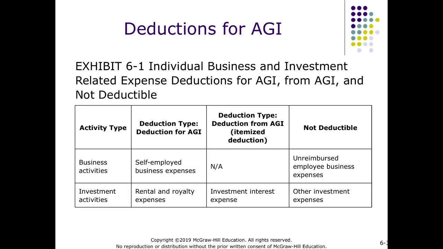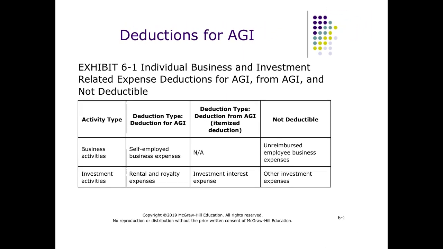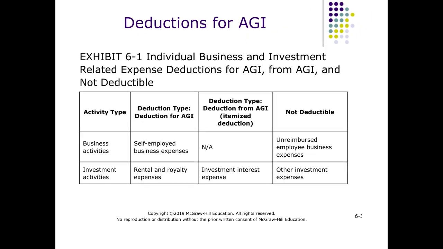Okay. All right, so this is just a kind of a table that looks at your activity type and the deduction type for AGI, okay? And then what types of expenses are deductible from AGI, and then things that are not deductible at all, okay?